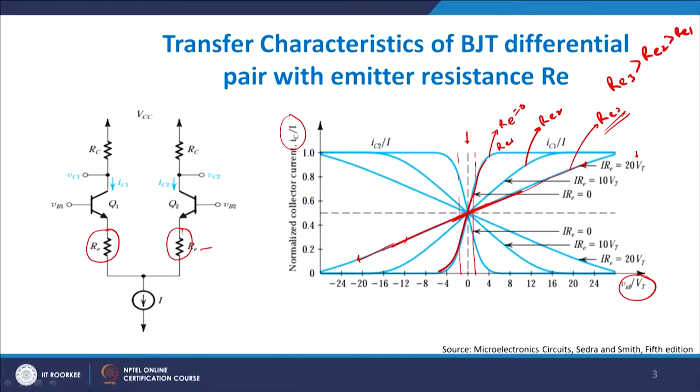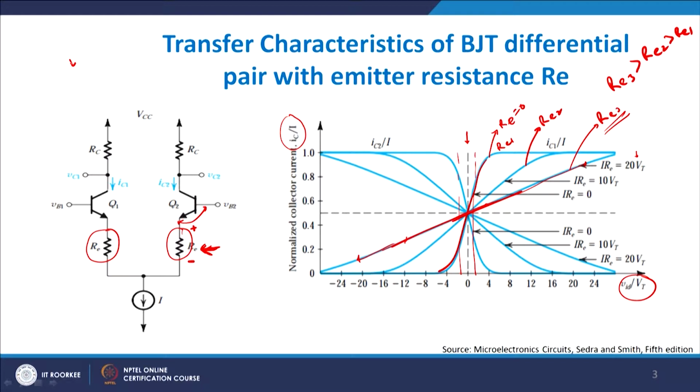Say you have inserted Re here, right. First let us see why transconductance and therefore your GM reduces in this case. See, when you put Re, your Re actually has a bias which is something like this, right, and therefore in a sense it is reverse biasing your NPN transistor's emitter base junction.